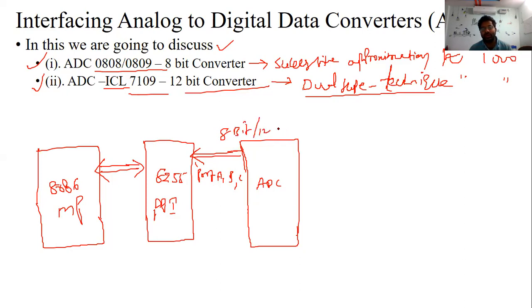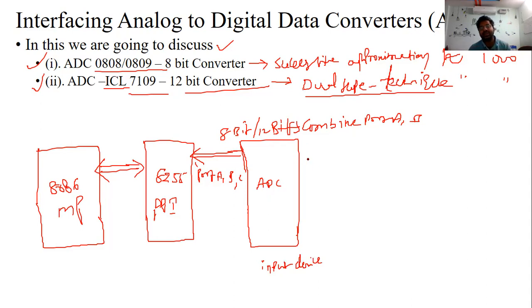Whenever you are using a 12-bit ADC, in this case you can combine port A or port B, in the 12-bit case only. Otherwise, you can directly connect an ADC to the 8255 PPI. You can see this is an input device, nothing but the analog input.